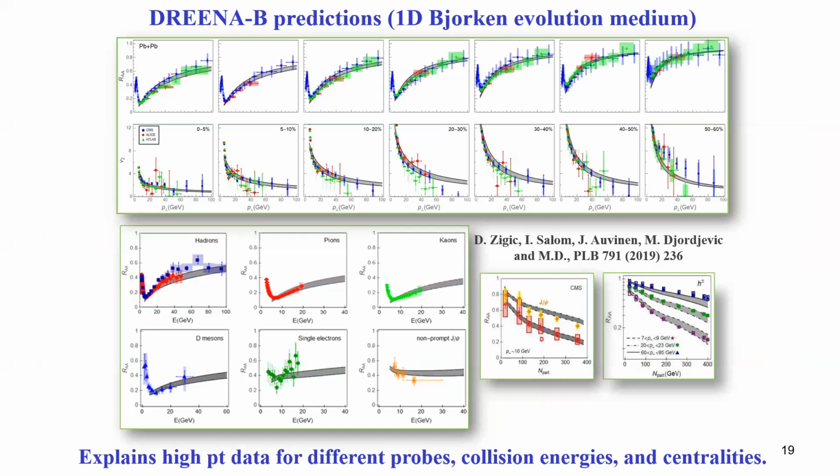Here we show predictions for the DREENA-B framework, where B indicates Bjorken 1D expansion, and the model up to now provided a good joint agreement with a wide range of RAA and v2 data for different probes, for different collision energies, for different centralities. This comprehensive agreement was obtained by using the same numerical procedure, the same parameter set, and with no fitting parameters used in model testing.